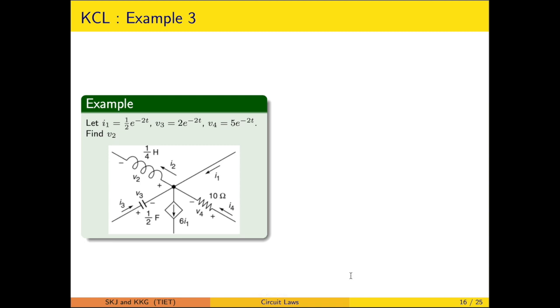Now let us take the practical example where the various types of circuit elements are connected. In this particular circuit, 1, 2, 3, 4, 5 elements are there. This particular one is not an element, but only part of the circuit, so it is coming from some other part of the circuit.